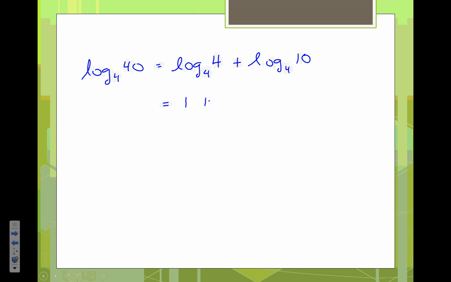So this would be 1 plus log base 4 of 10. If you're curious about that 1, if you think about log base 4 of 4 and what that means as an exponent, that means that the base of 4 to what exponent gives me the answer 4. And so 4 to the power of 1 gives me 4, so I would replace that with a 1.